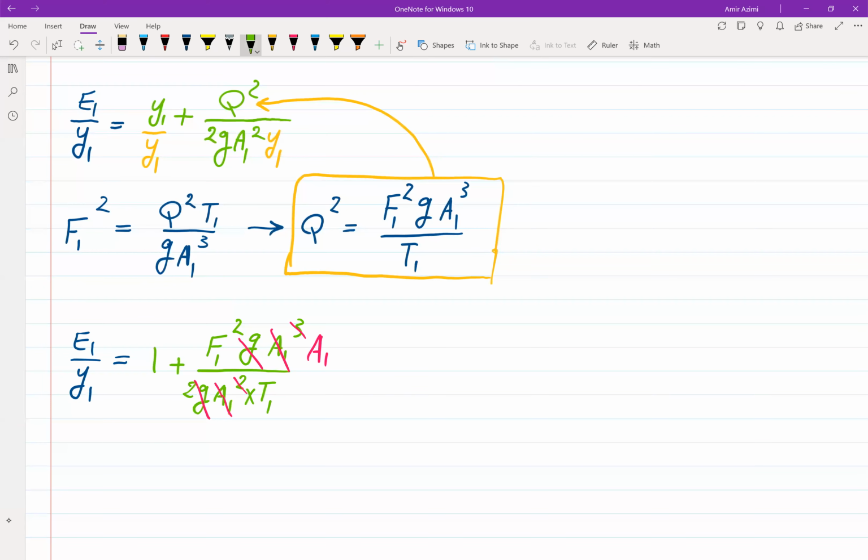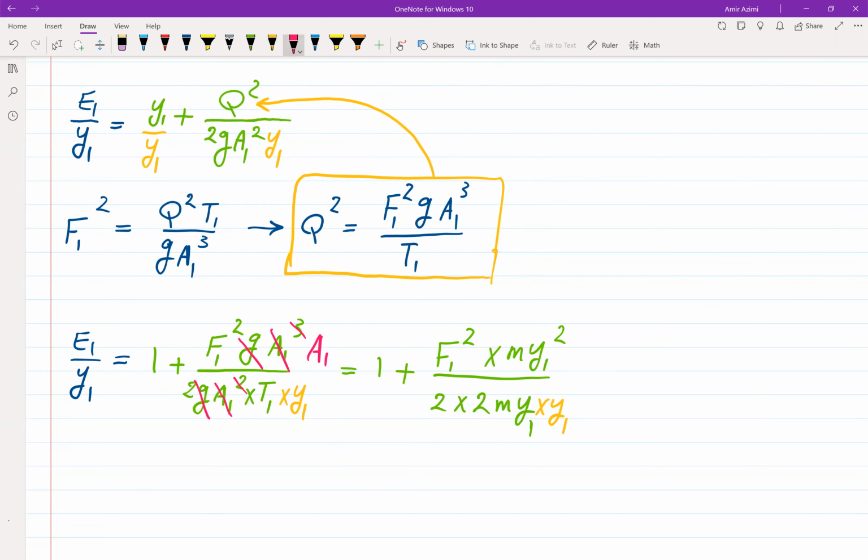So now I use the expression to identify cross-sectional area and top width. So 1 plus F1 square times My1 square divided by 2 times 2My1. And then remember we have E1 divided by Y1, so we have Y1 here too.